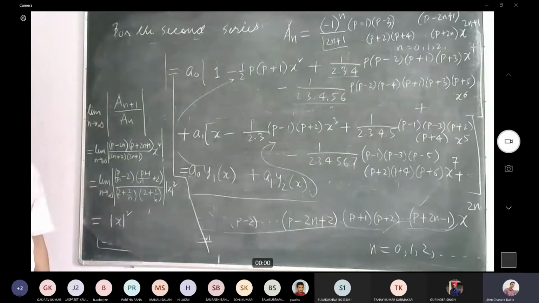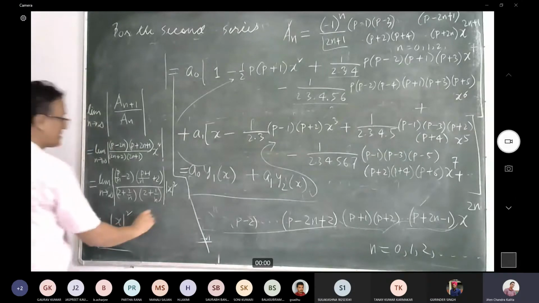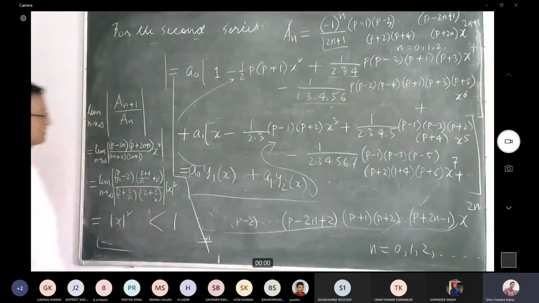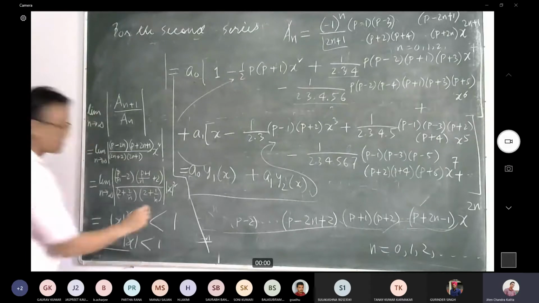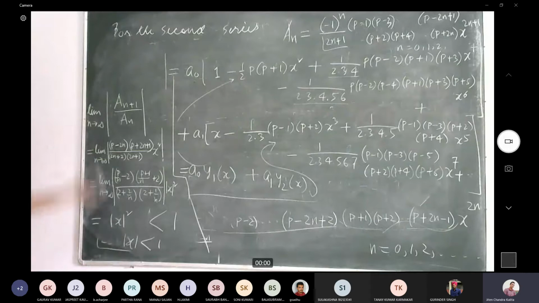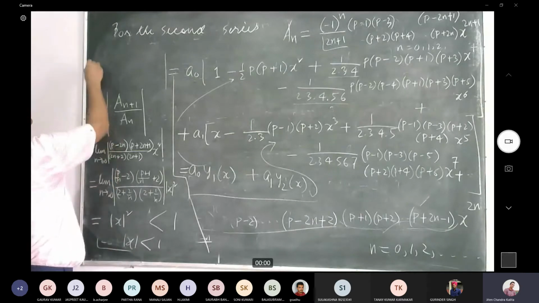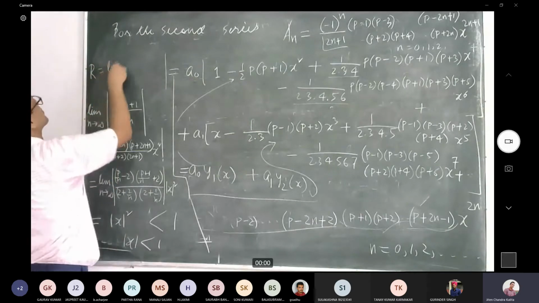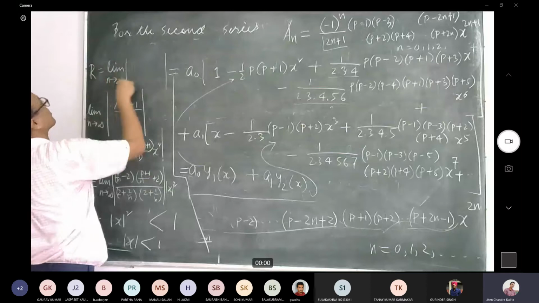Is it okay with everybody? Yes, sir. Right? And you know that this is going to converge if mod of x squared is less than 1, or basically if mod of x is strictly less than 1. Is it okay? And I could have got the radius of convergence from this formula also.